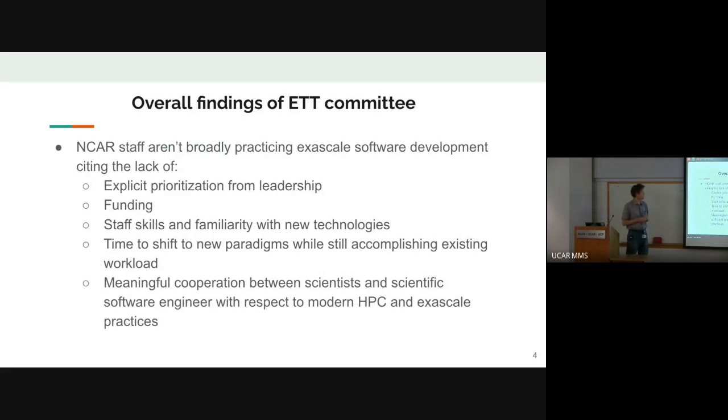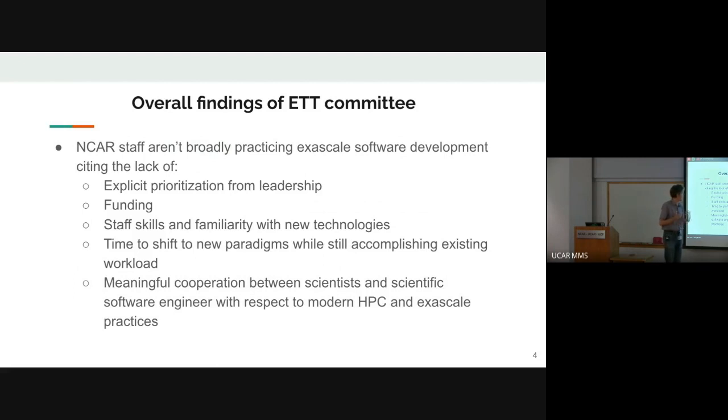So the overall findings of the ETT committee, and this was general for NCAR, is that NCAR staff aren't broadly practicing exascale software development. They frequently cited the lack of prioritization from leadership. Funding, which is a problem for everybody, no matter what they're doing. Staff skills and familiarity with new technology.